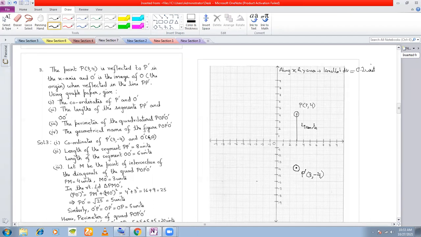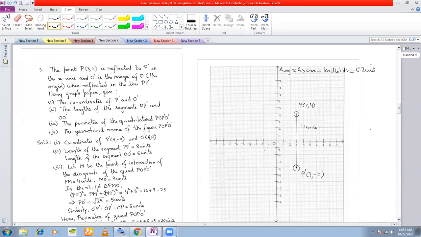So the point P is reflected to P dash in the x-axis, and O dash is the image of O when reflected in the line PP dash. Now you join these two points to get the line PP dashed.